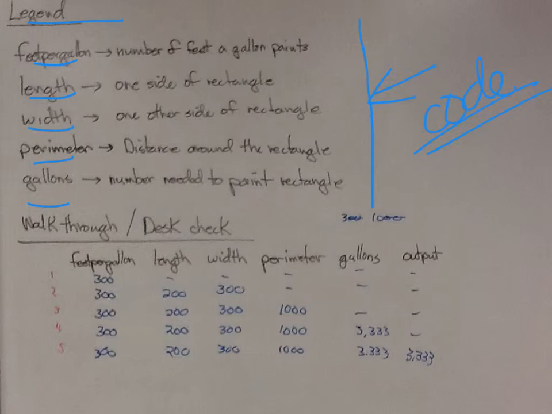In some cases they would say you always need it in your code, but somehow people need to know exactly what the variables represent. Later on we'll talk about putting it in the code, especially when the programs get a little more complex. And then the last thing down here is our walkthrough, or desk check.